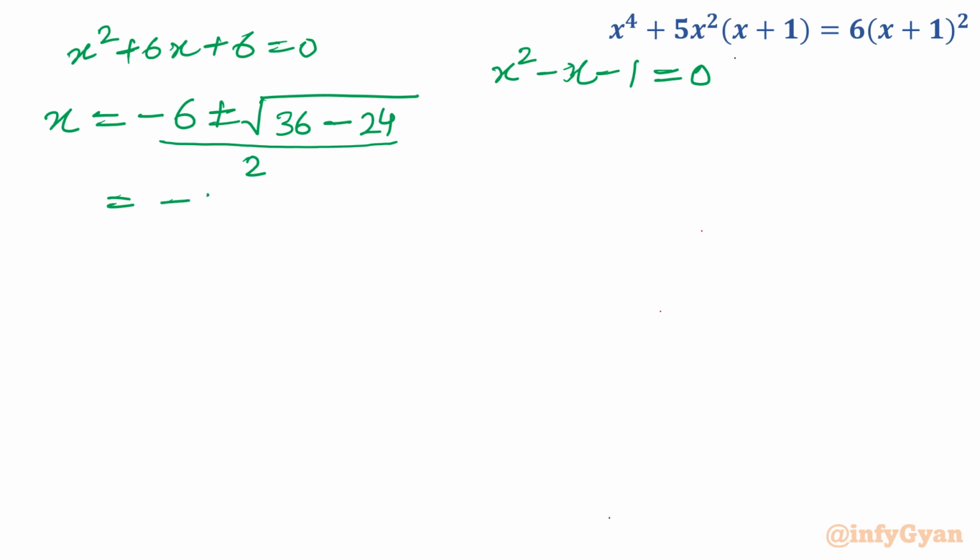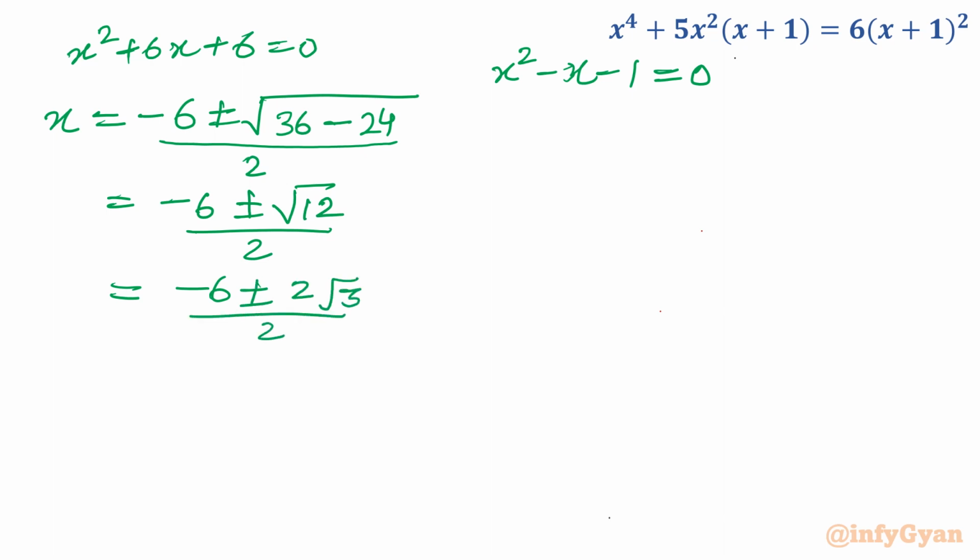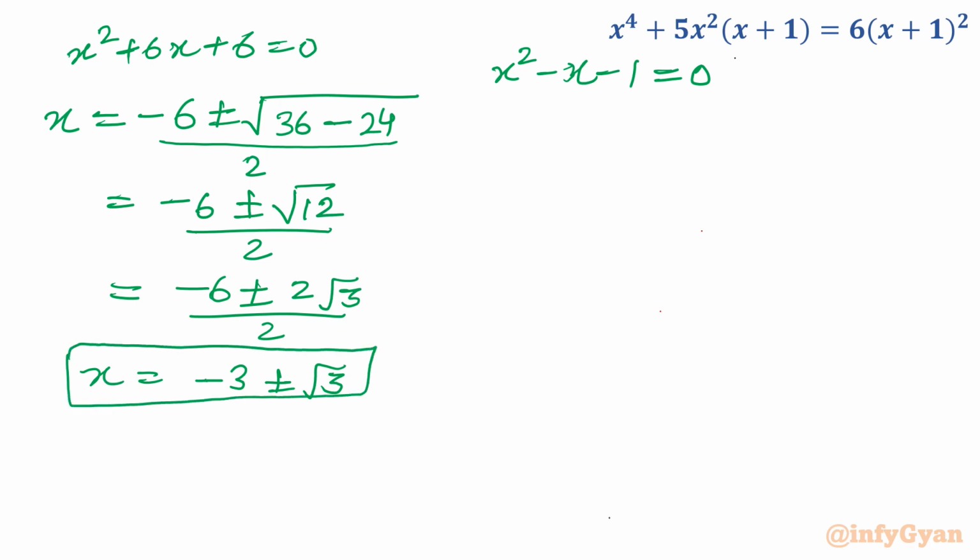It will give us minus 6 plus minus root 12 over 2. I will write 12 as 4 times 3, so I can write 2 root 3 divided by 2, which gives minus 3 plus minus root 3. So two real solutions we have calculated.